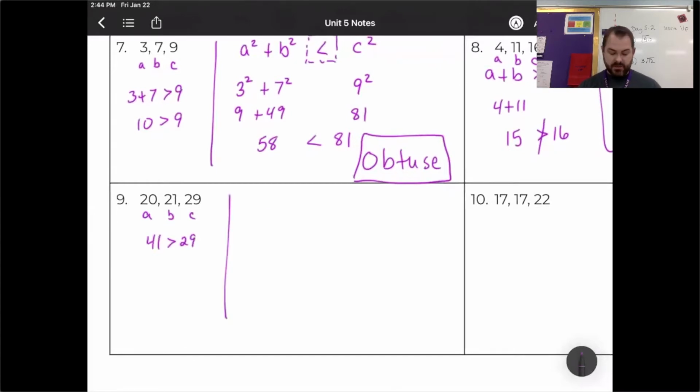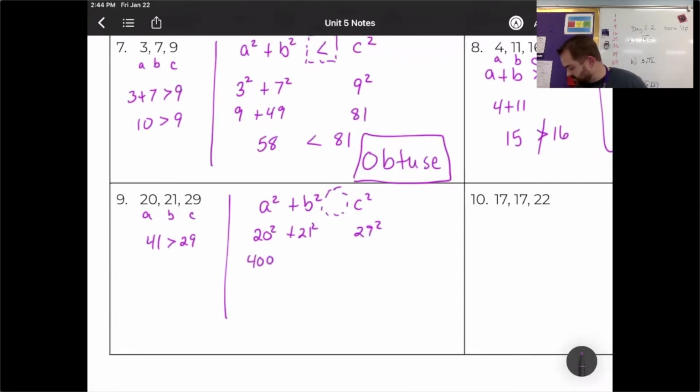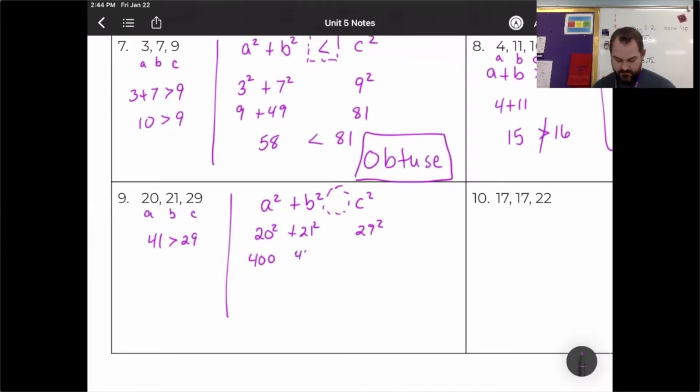Now we're going to check the Pythagorean converse, a squared plus b squared and c squared. Okay, a is 20, b is 21, c is 29. 20 squared is 400. I'll have to calculate these other ones. 21 squared is 441.